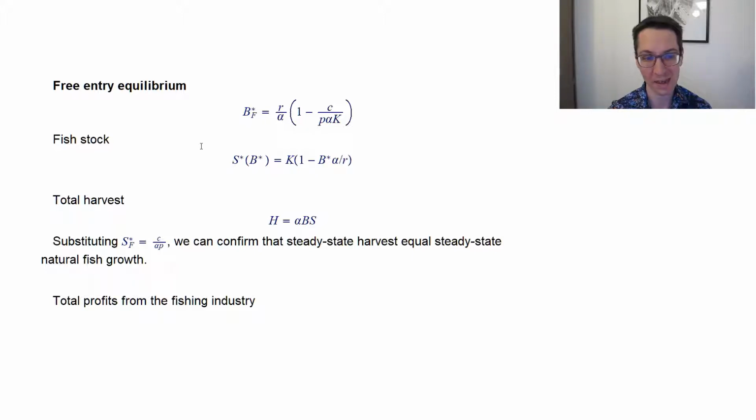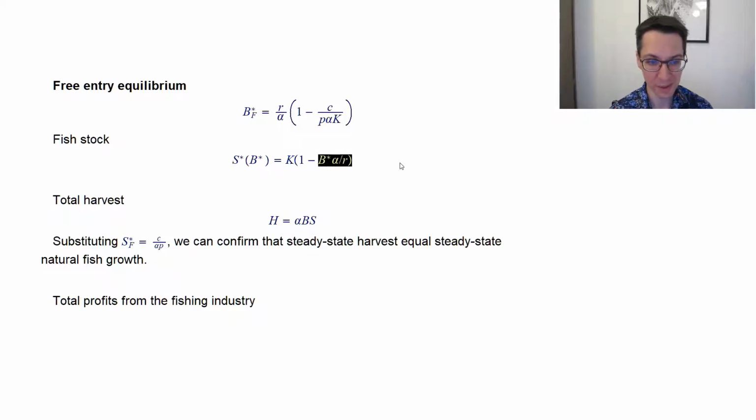So we had that S star of B star was equal to K times 1 minus B star alpha over R. Now we have one version of the model with free entry in which the equilibrium B is this quantity there. So let's just go ahead and substitute this.